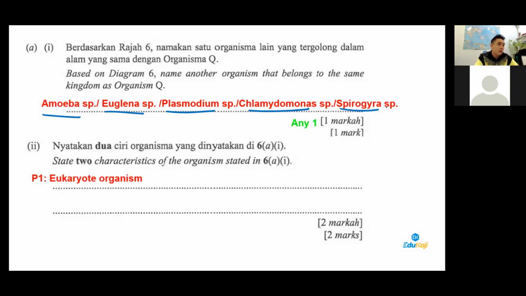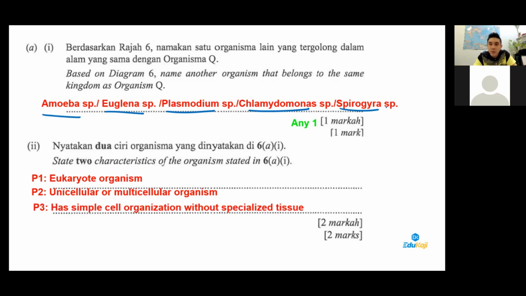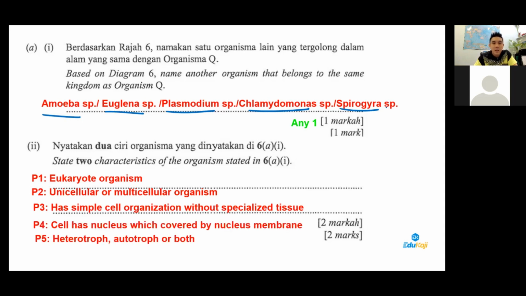They are eukaryotes, with a membrane-bound nucleus and membrane-bound organelles. In terms of feeding, they can be heterotroph, autotroph, or both. Okay, if you're just selecting 2, I think these 2 are quite good already. That's 2 marks.